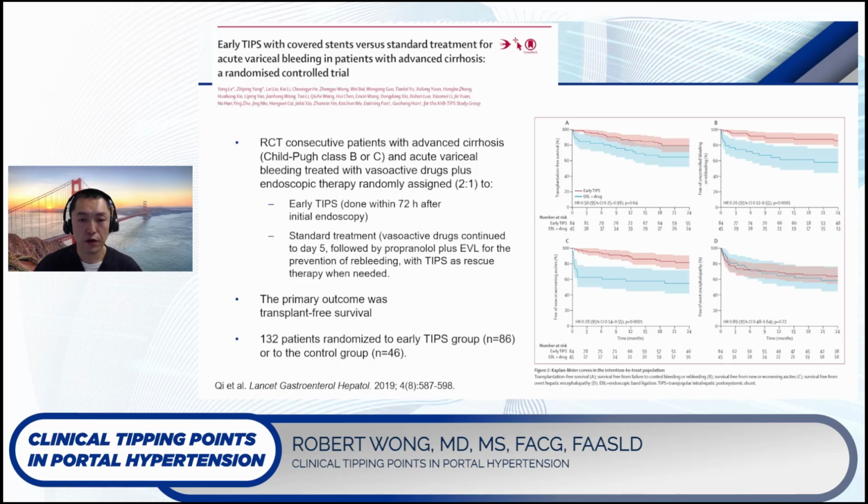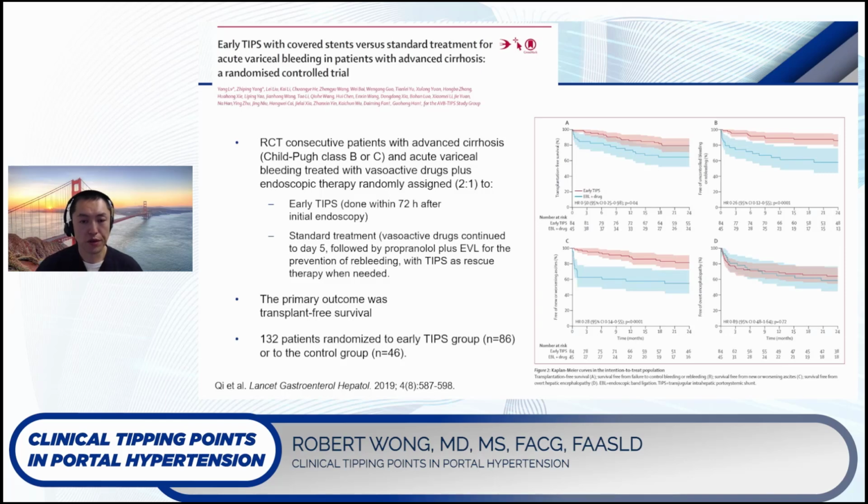When you look at the figure on the right, the red line represents those that underwent early TIPS, and the blue line represents those that proceeded with standard of care. You can see in box A that represents transplant-free survival, box B, recurrent uncontrolled bleeding, figure C, worsening ascites, and then D, encephalopathy.